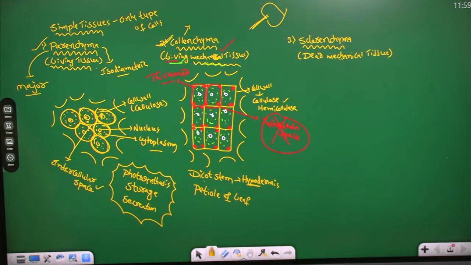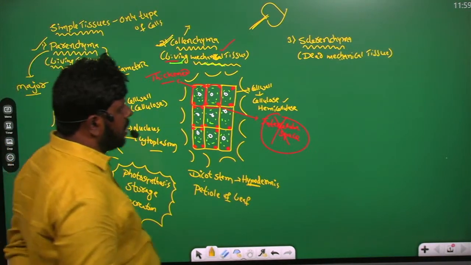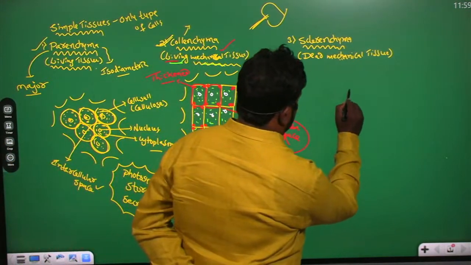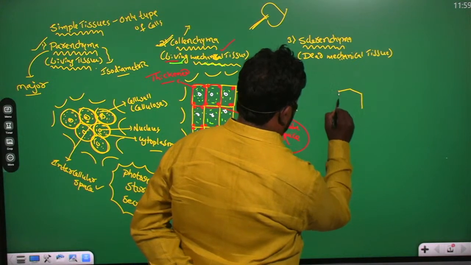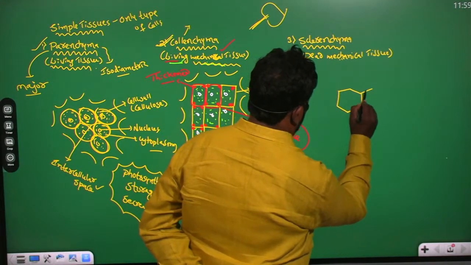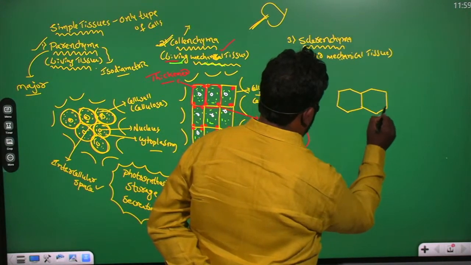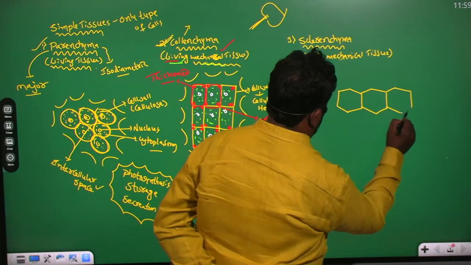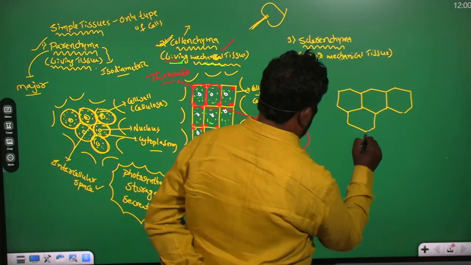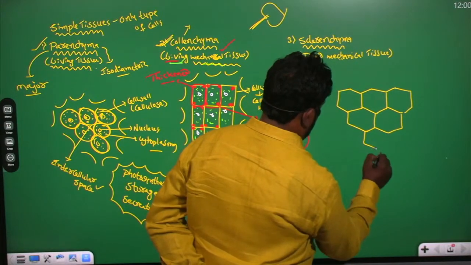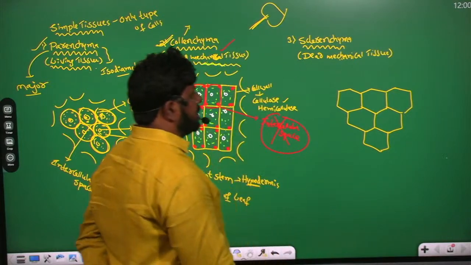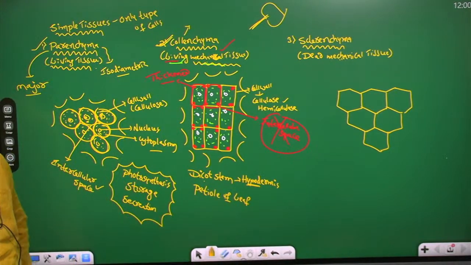So third one is the sclerenchyma. Imagine this is the sclerenchyma.